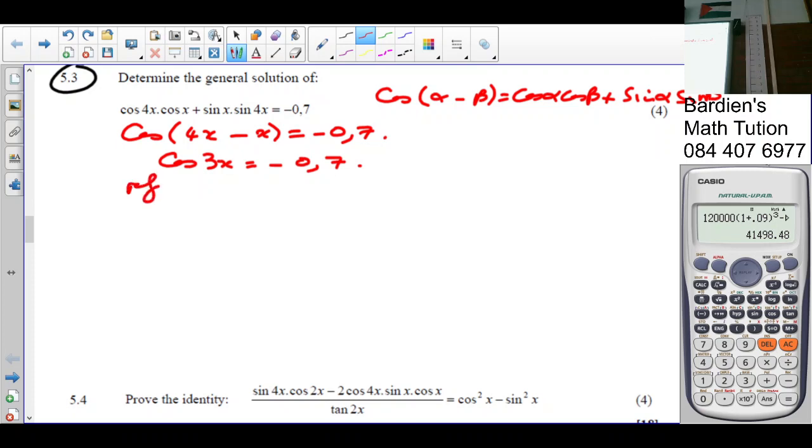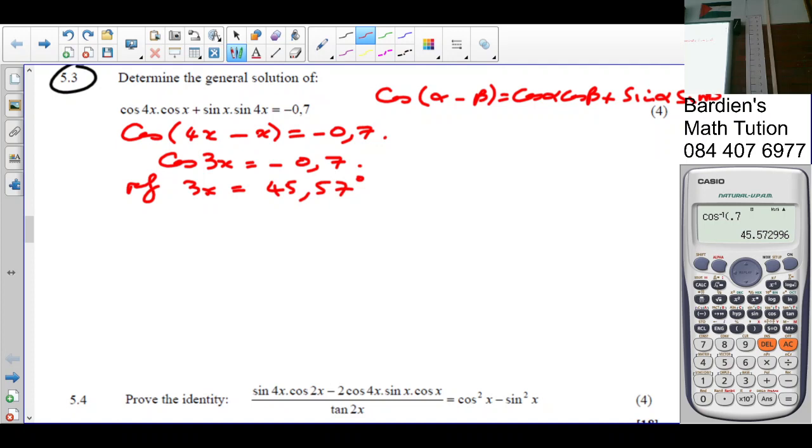That now gives us a reference angle of 3x equals arc cos of 0,7, which gives us 45,57 degrees.